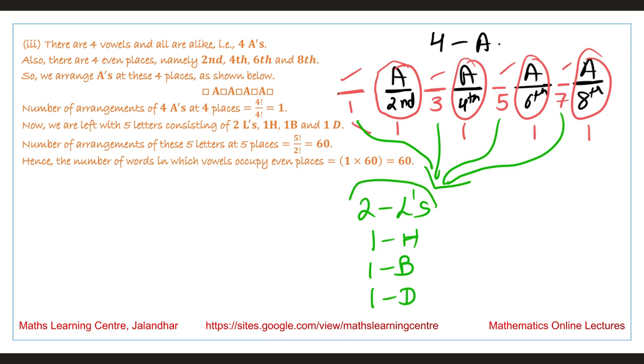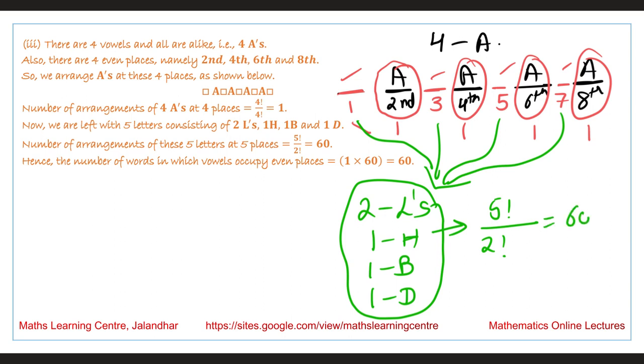So the number of arrangements in which these can be kept at these places is 5 factorial divided by 2 factorial into 1 factorial into 1 factorial into 1 factorial in the denominator. So the answer we get is 60.